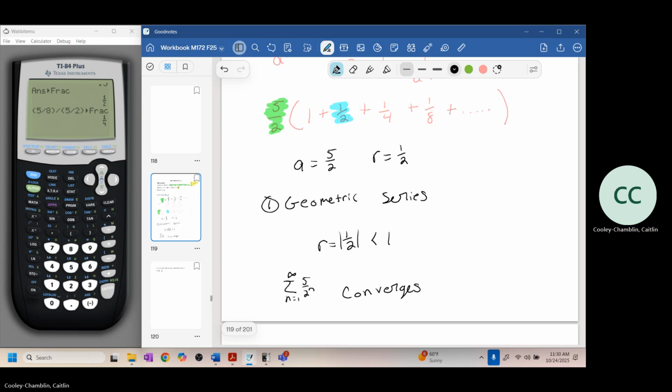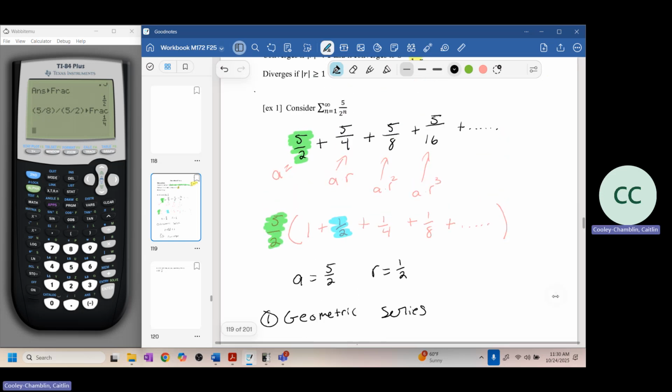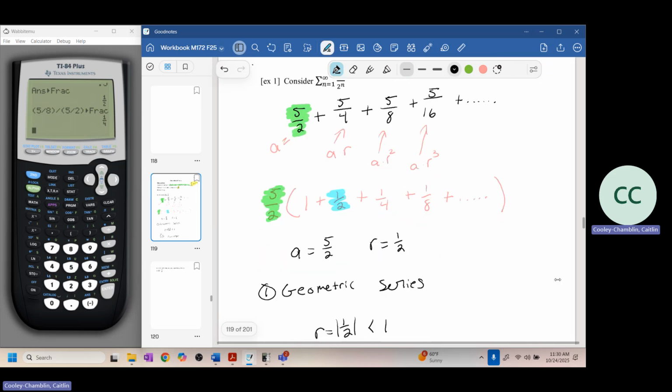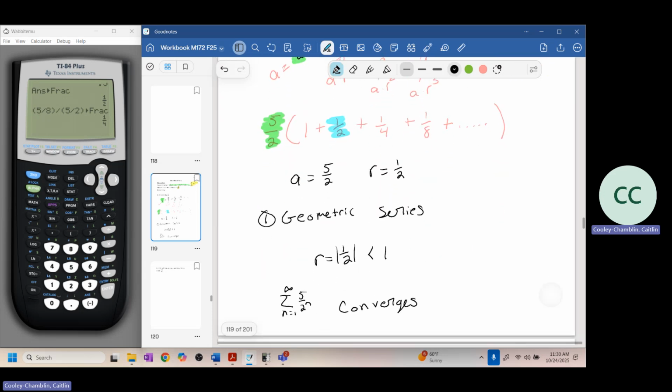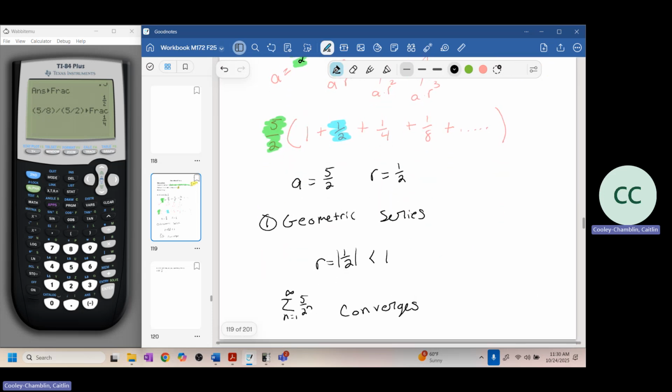So for my students, if you're taking the test, when you're ready to give an answer, there's three things I'm looking for. You state the test name. So we're using the geometric test.